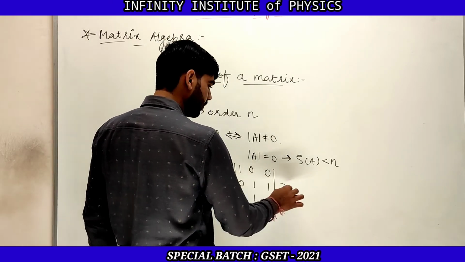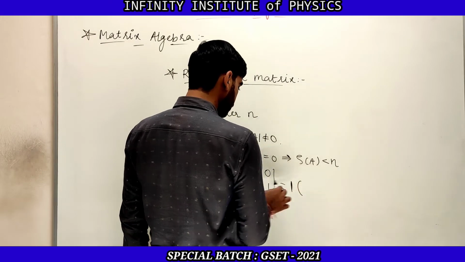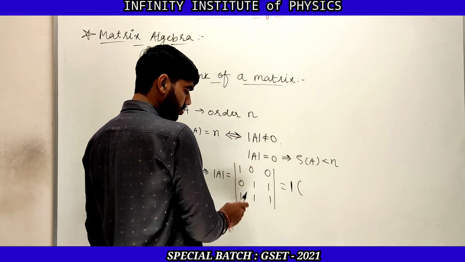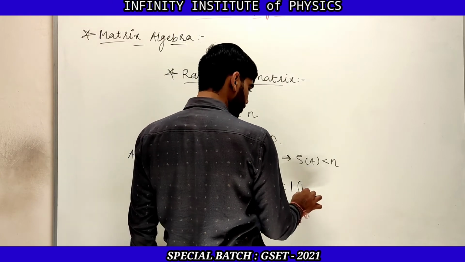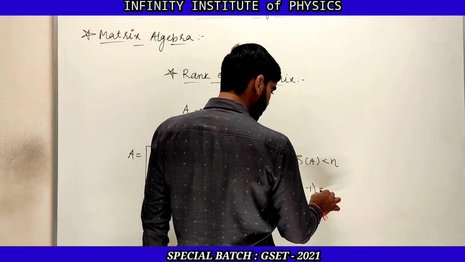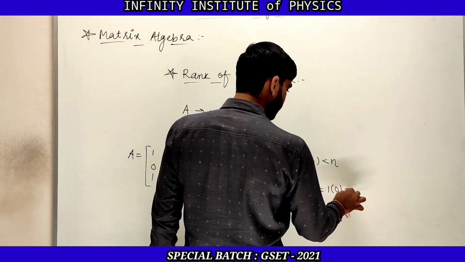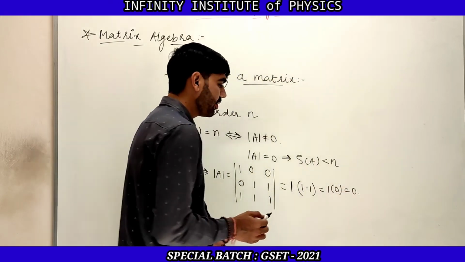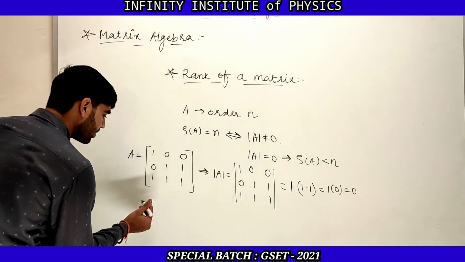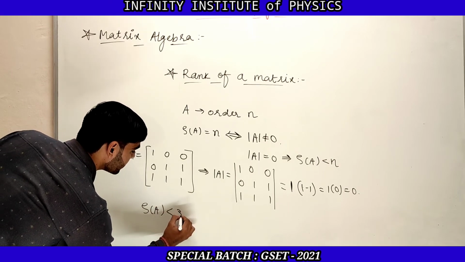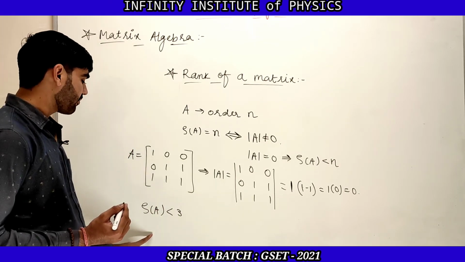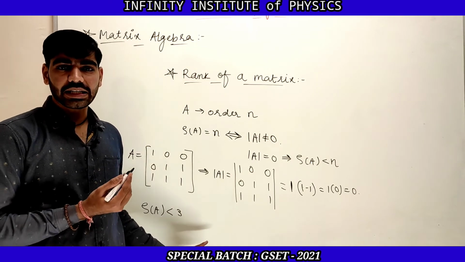So now 1 into, neglecting the first row and first column, it is 1 into 1, minus 1 into 1, so it is 1 minus 1, and that is 1 into 0, and so it is 0. So here we are getting the determinant as 0, so the rank will be definitely less than 3.